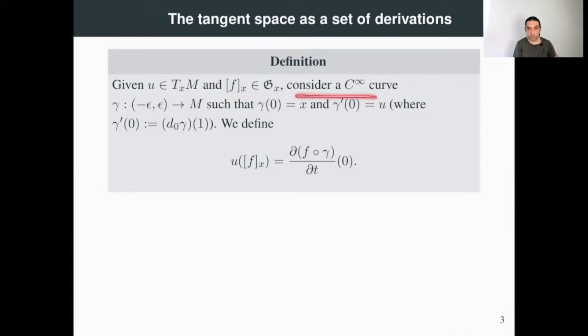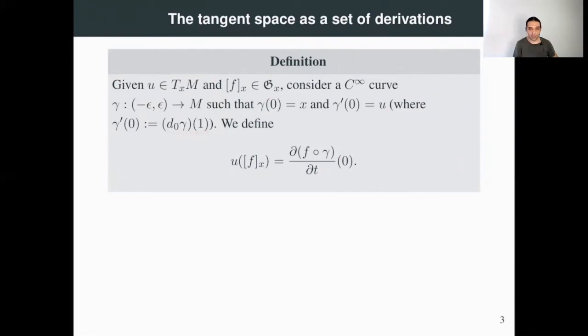And we're going to consider a C-infinity curve gamma defined in a neighborhood of 0 in the line such that the value of the curve at 0 is the point x, the curve is passing through the point x at 0, and the derivative of gamma at 0 is the tangent vector u, where the derivative is just the differential of gamma at the point 0 applied to 1.